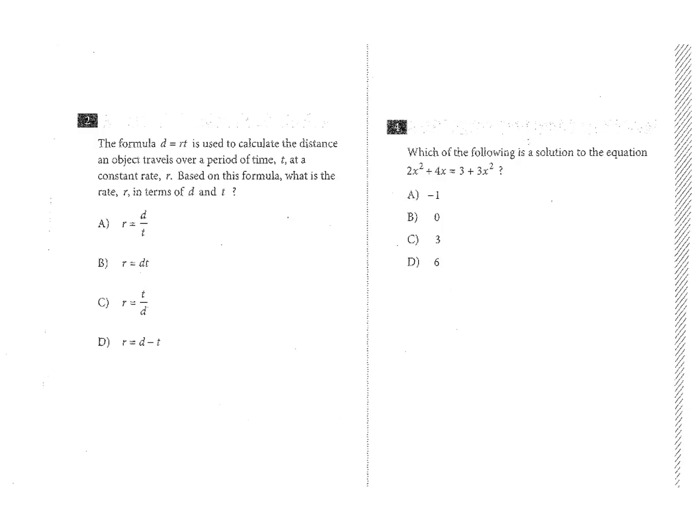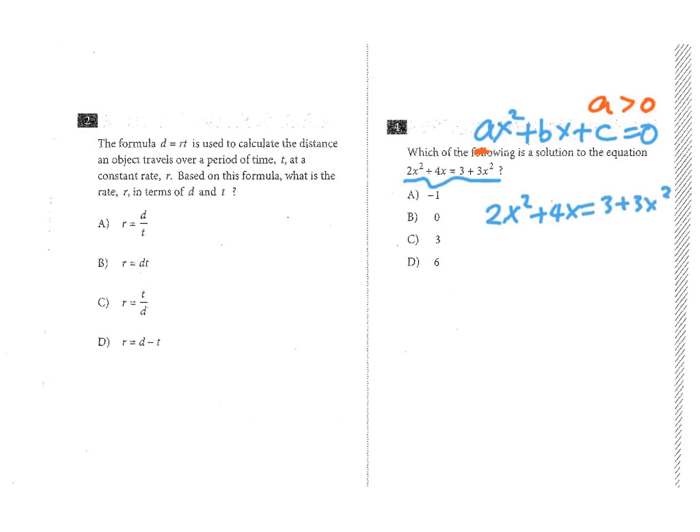Number 4 is a quadratic equation. So we need to get it equal to 0. When you want to get it equal to 0, make sure your ax squared plus bx plus c equals 0, with a greater than 0, so that you can do quadratic factoring. Therefore, I got 2x squared plus 4x equals 3 plus 3x squared. You need to move everything to the right side.